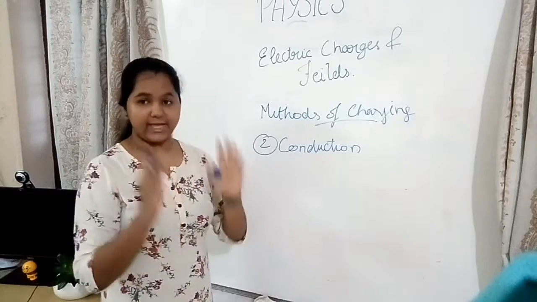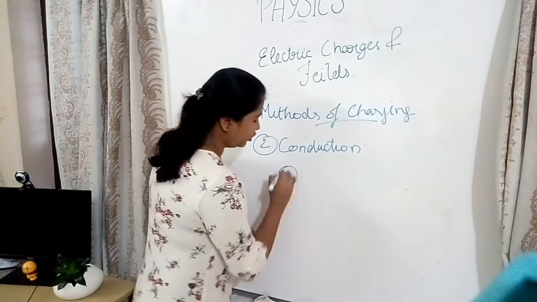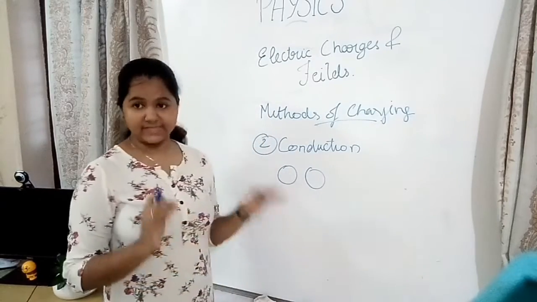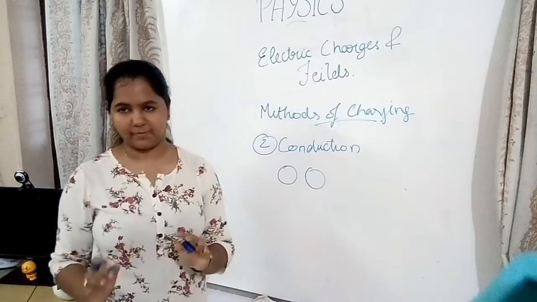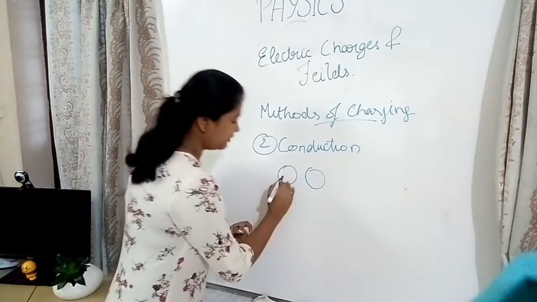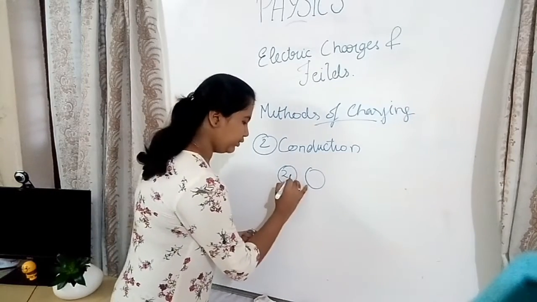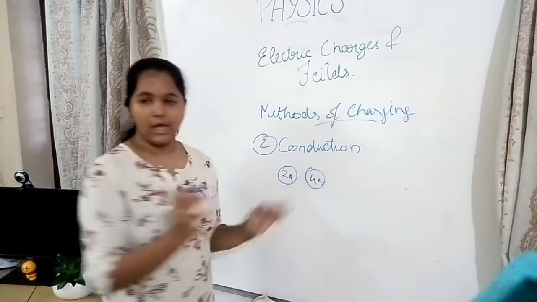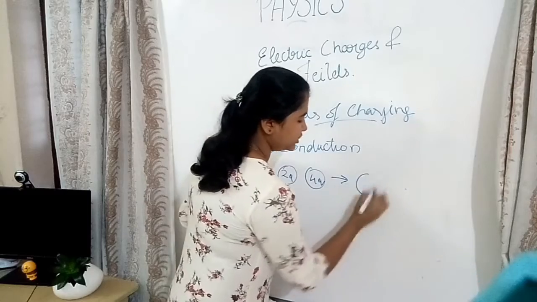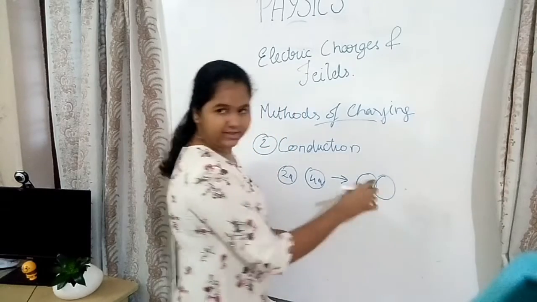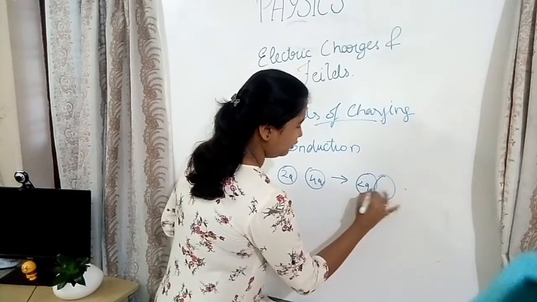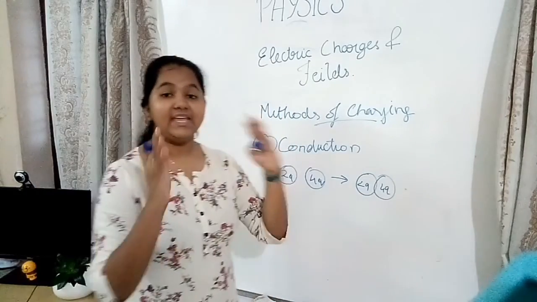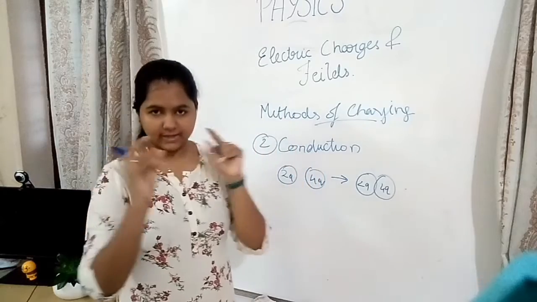There is a case where two charged bodies are of the same size and same shape, and there is 2Q in one and 4Q in the other. They come into contact, 2Q and 4Q. So when they come into contact, what would happen? There would be equal sharing of the charges.